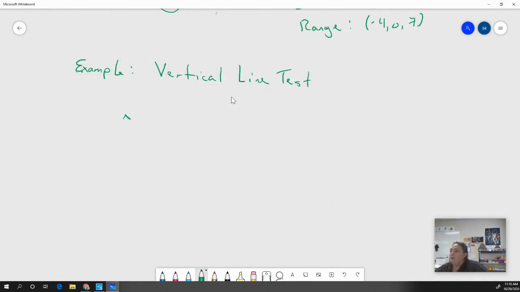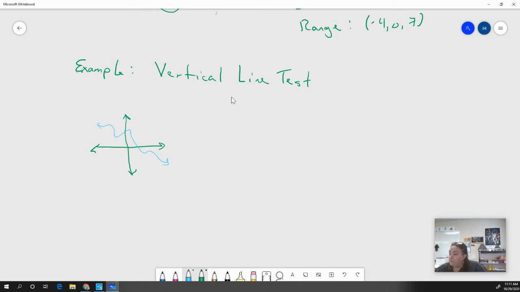It's saying if I have a graph of something, right? So say I have a graph of something like that. Doesn't matter what the shape of that graph is.